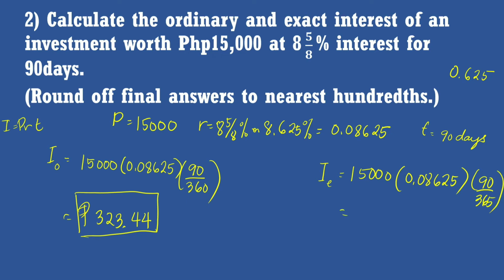That will give us 319 pesos and 0.01, since the decimals that follow are 0.068493. With the nearest hundredths, our final answer would have 0.01 in its decimal place.